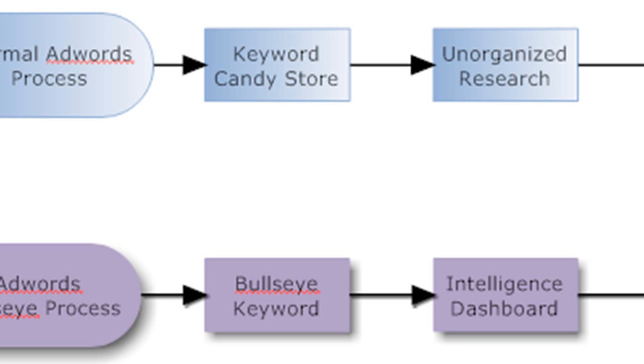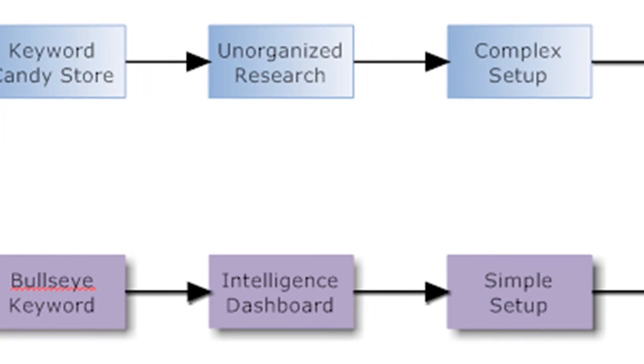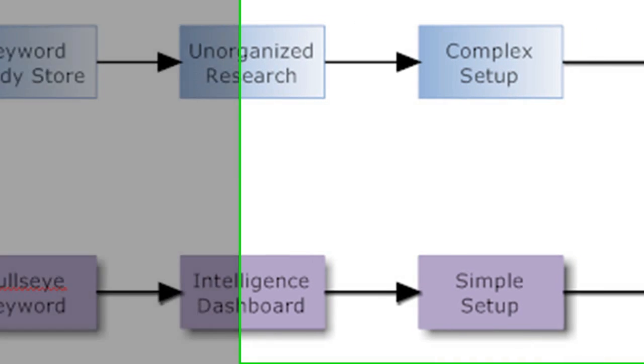And then the next step he takes is to set up his Google AdWords campaign. It's a very simple setup. Instead of being really complex with all these different ad groups, it's going to be a small set of ad groups in that campaign. And then the next step is systematic optimization.